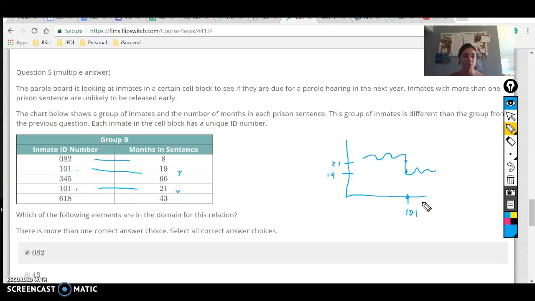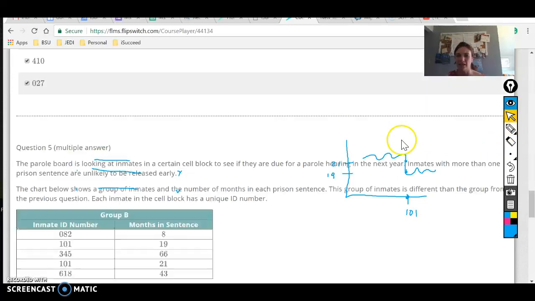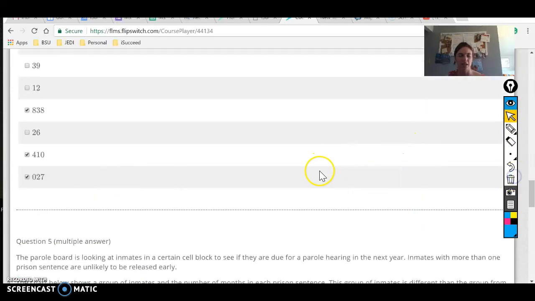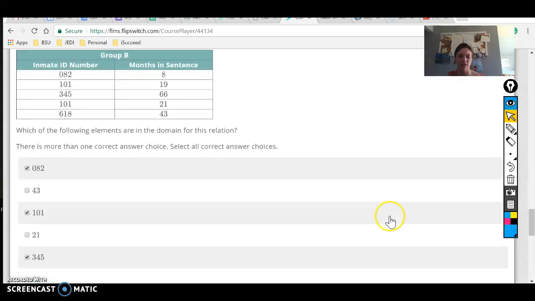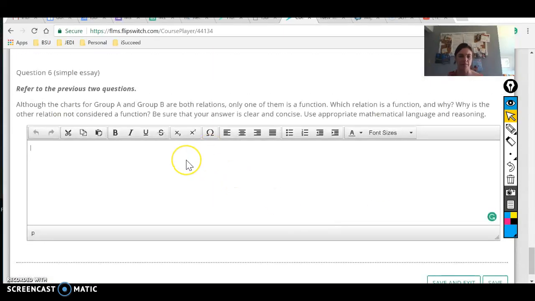So group B cannot be a function because there is more than one y value for the x value of 101. Group A is a function because there are no repeated x values. Okay, so this is what we'd type here.